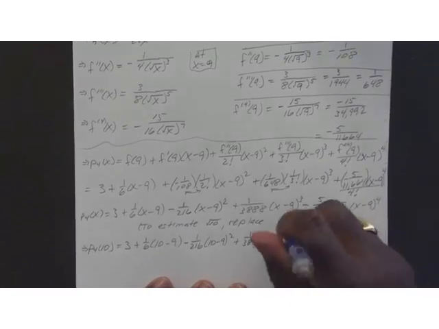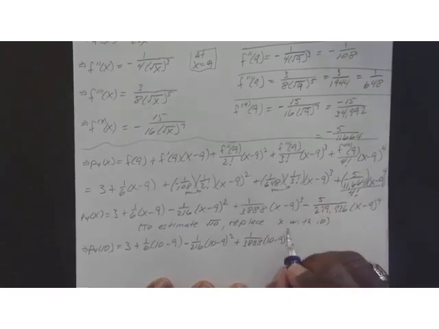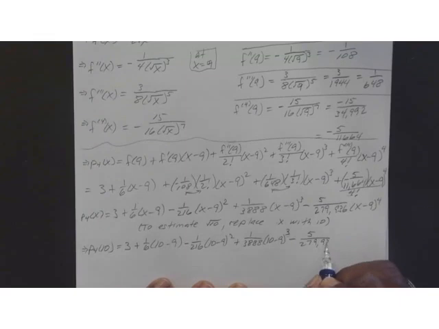And make that 3 a little neater than that. Minus 5 divided by 279,936 times 10 minus 9 to the fourth power.